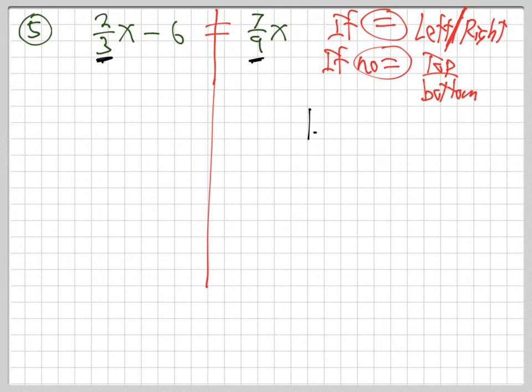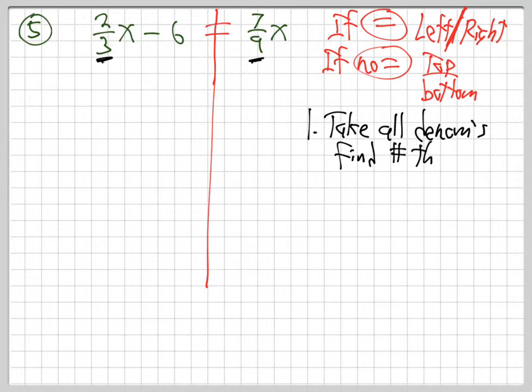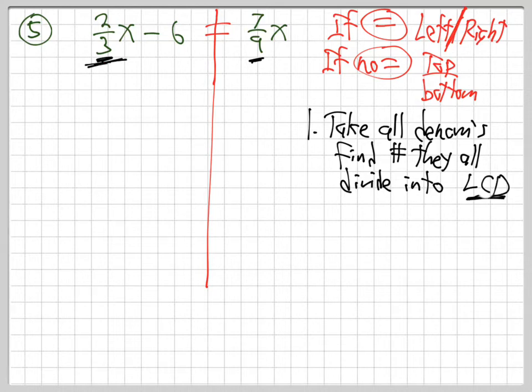So step 1, take all denominators and find a number they all divide into. That's called the LCD, least common denominator. So I'm looking at 3 and 9.